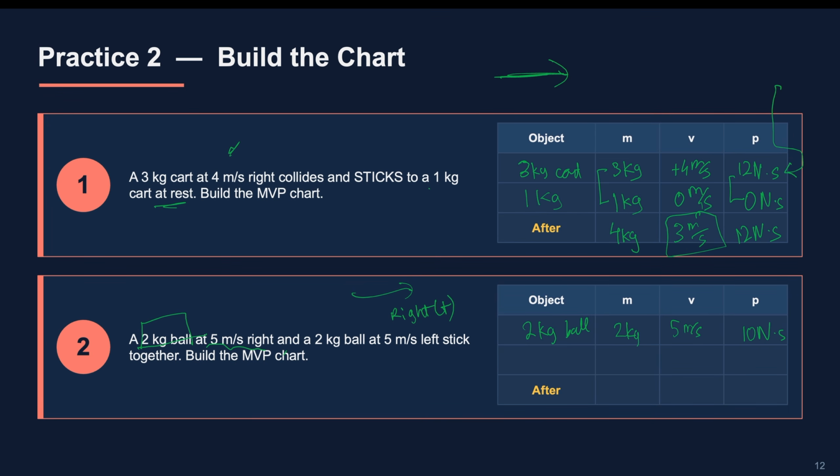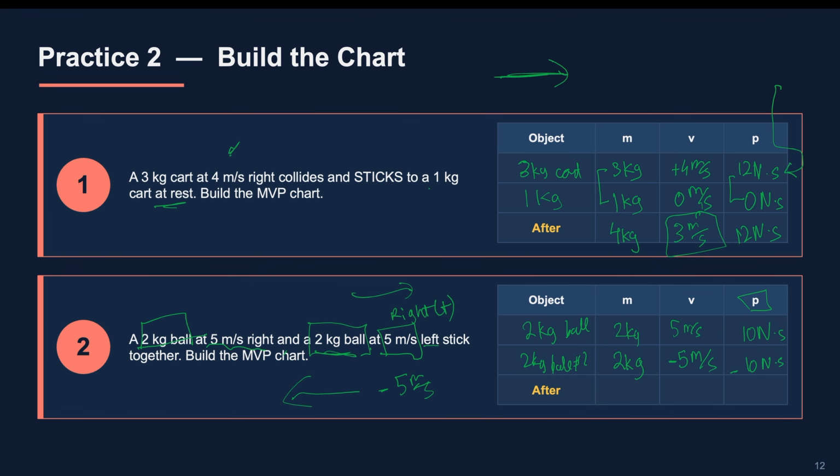The other object is another 2 kg ball, 2 kg ball number 2, because there are 2 of them. Mass would be 2 kgs. But this is going left, so negative 5 meters per second. It's going in the opposite direction. And then this one's momentum would be negative 10 Newton seconds.